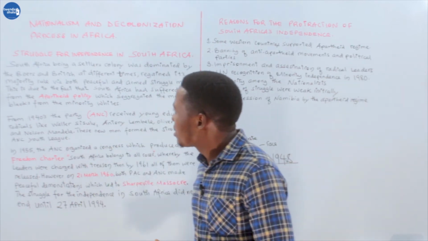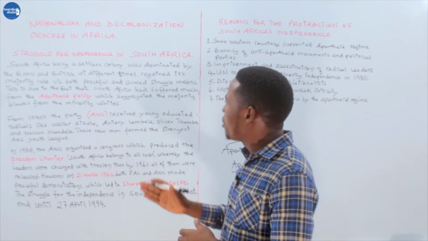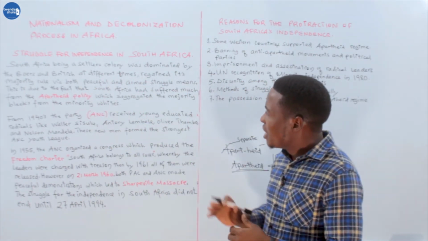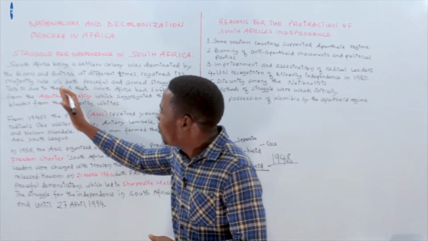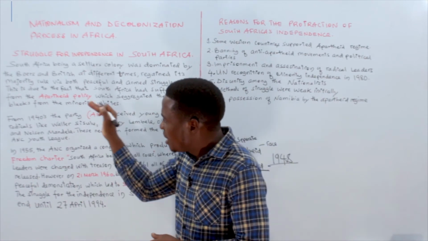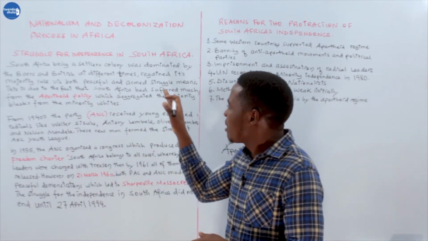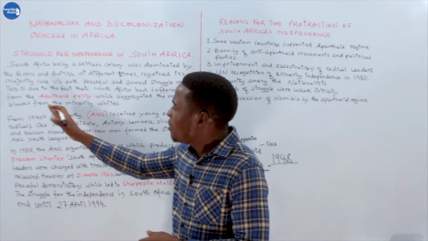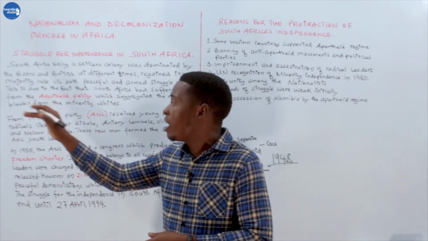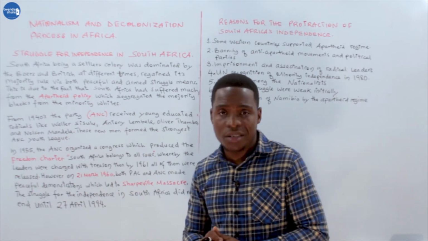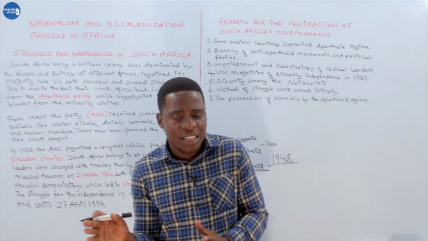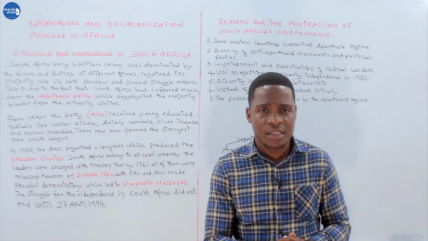Therefore we say, South Africa, being a settler colony dominated by Boers and the British at different times, regained its majority rule via both peaceful and armed struggle. This is due to the fact that South Africa had suffered from the apartheid policy, which segregated the majority blacks from the minority whites.